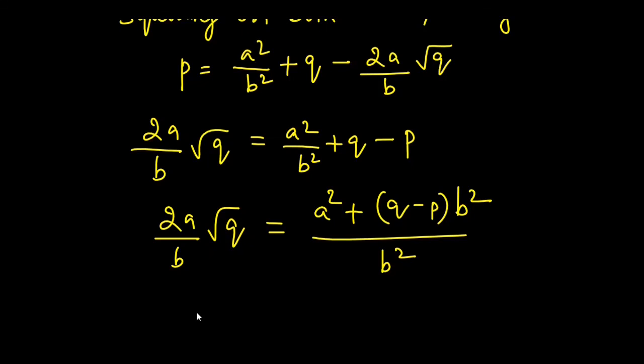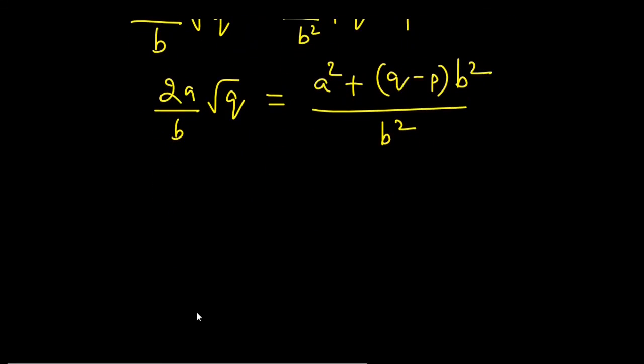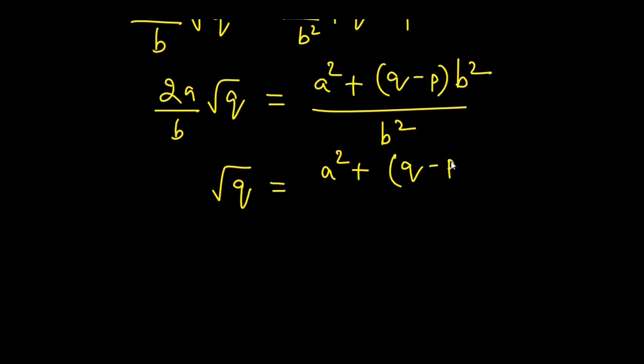We can cancel out b from both sides. Now root q is equal to a square plus q minus p b square by 2ab.